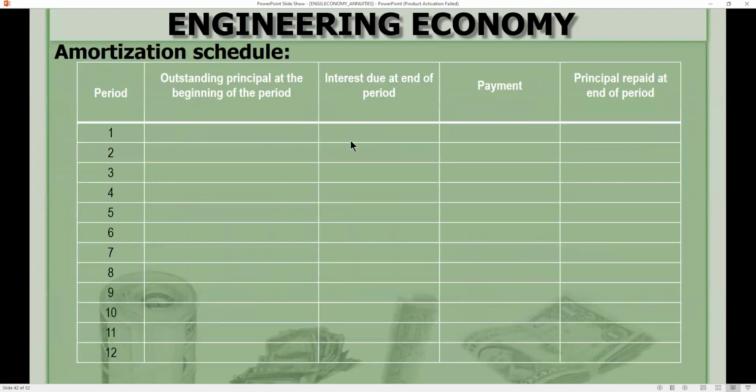Now the amortization schedule. You have the columns again, then 1 plus i times the principal, and then the annuity. So 10,000. For the first period, it earns 2.5%, so that is 250.